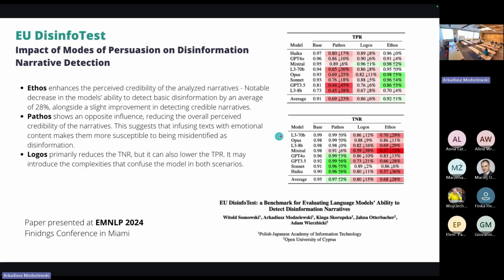And logos works differently than ethos and pathos. This is just our hypothesis, but we think that probably logos introduces some logical complexities that confuse models, and TPR and TNR is also lower.